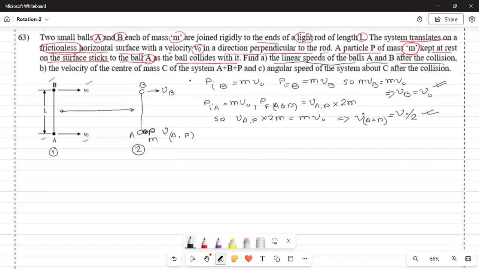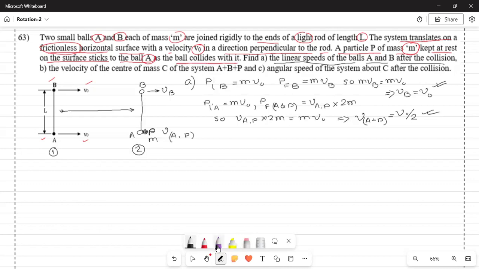So the answer of part A is done. That means these are the linear velocities of the two ends of this dumbbell: one end is B, another end is A and P together, after the collision.